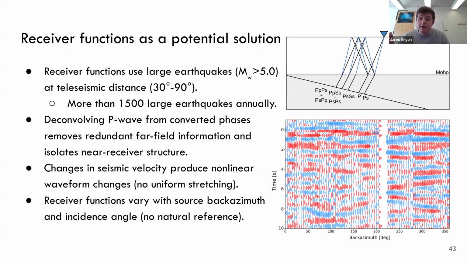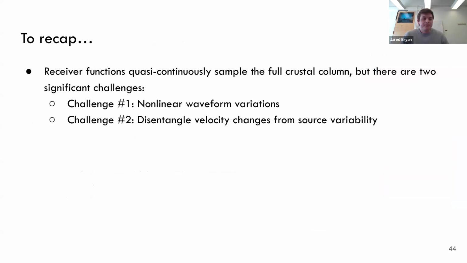And that changes the scattered wave amplitudes, or the back azimuth dependence of the receiver functions will result in you sampling an anisotropic crust, or sampling dipping layers in a different way. And so there's no way to get rid of that. I guess what I'm saying is there's no natural reference to measure the deviations of each individual receiver function with respect to. So you take on those challenges by using receiver functions.